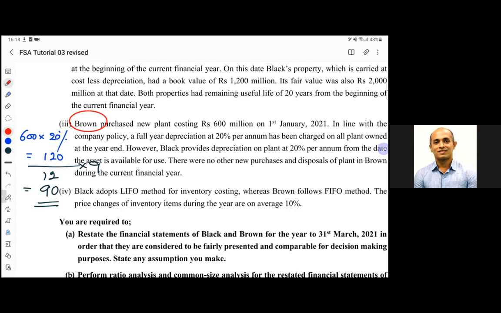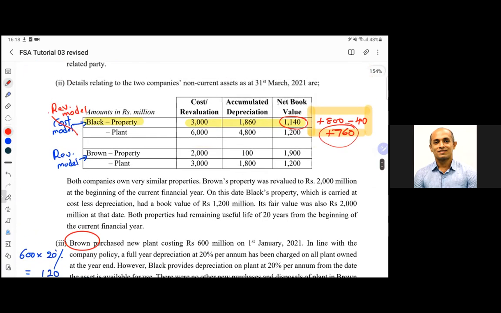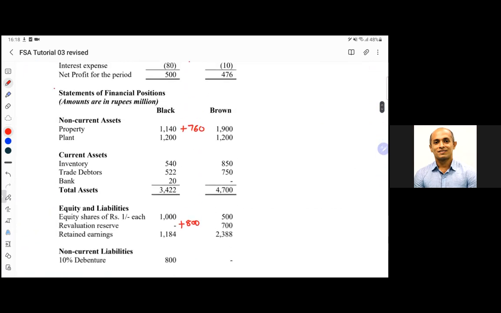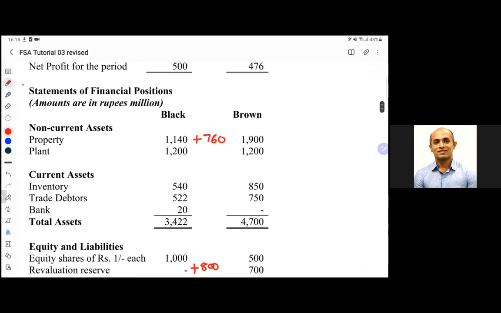When depreciation is over provided, asset value has been understated. Therefore, the asset value has to be increased by 90. Brown's plant value has to be increased by 90.